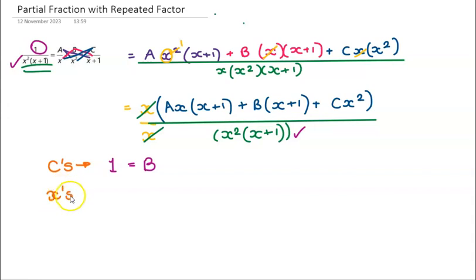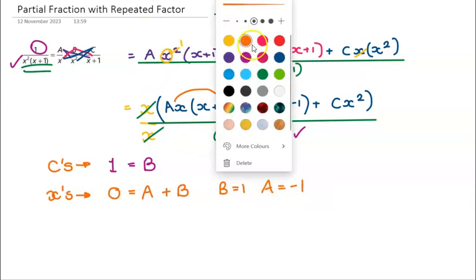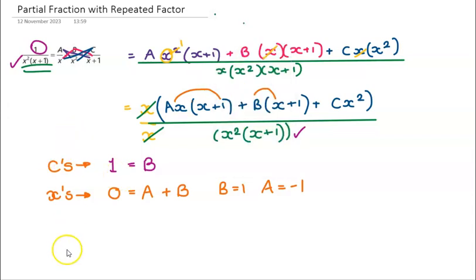Now we're going to compare our x terms. We've got nothing on the left-hand side. But if we expanded this, we'd have ax plus bx, so a plus b. Well, we know b is 1. So a, therefore, must be minus 1. And finally, we're going to compare our x squared terms.